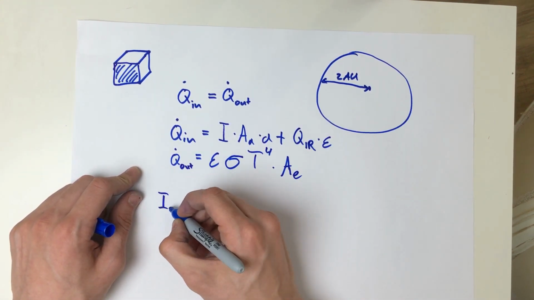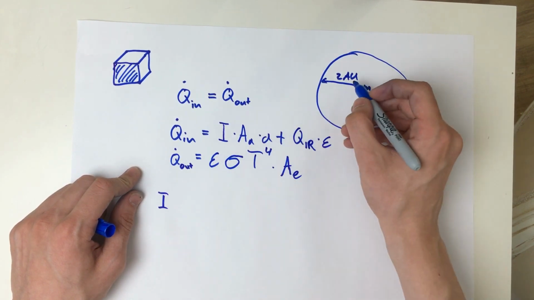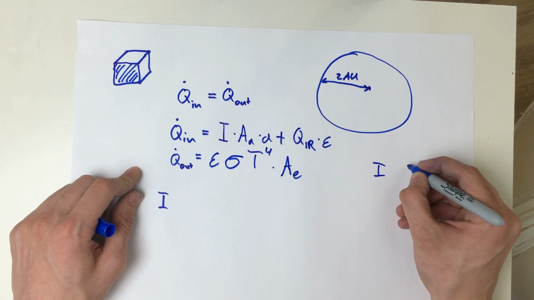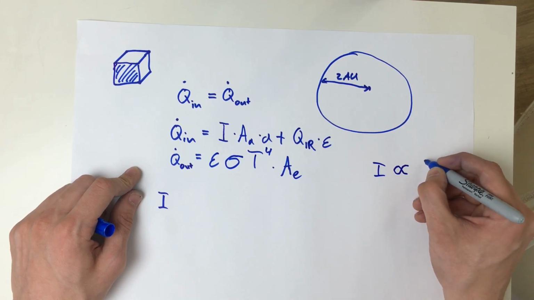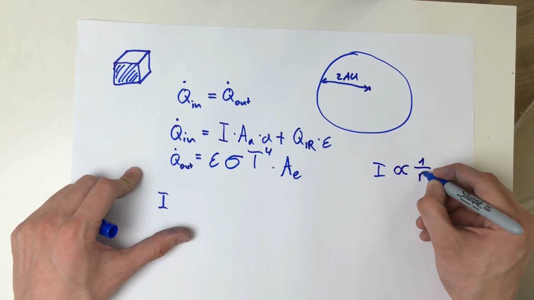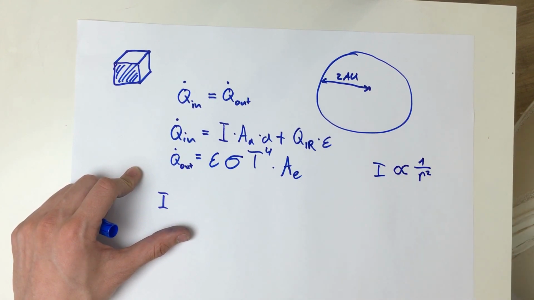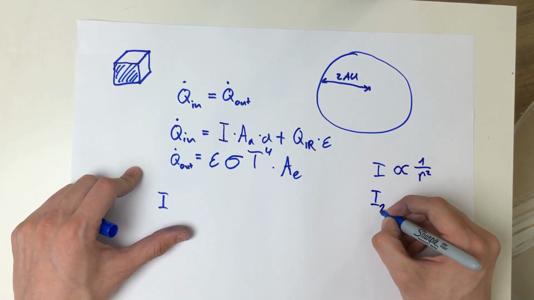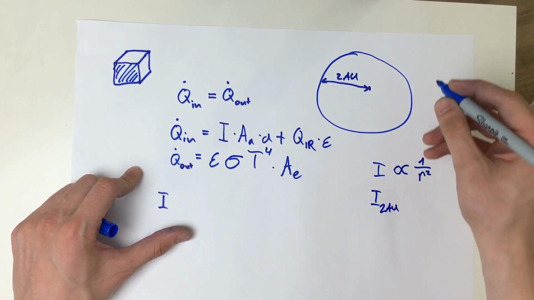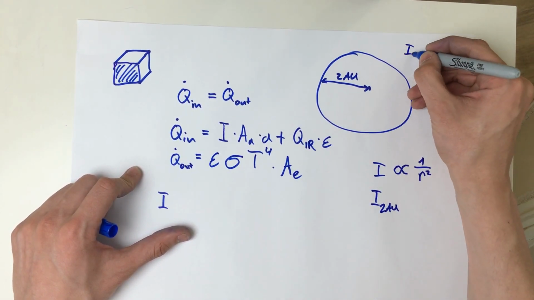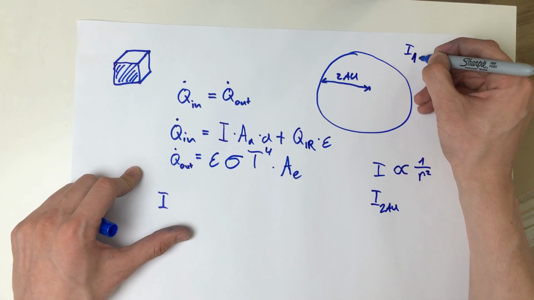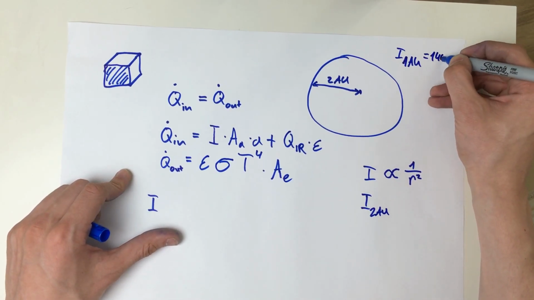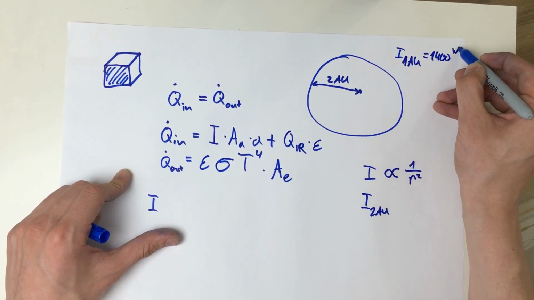So we have the intensity at 2 AU, which, by the way, we know decreases with 1 over the radius squared. We know the intensity at 1 AU, that is given. 1 AU is equal to 1,400 watts per meter squared.